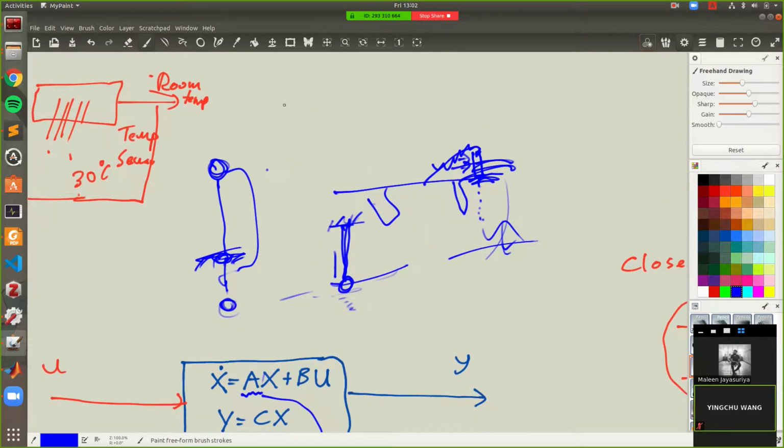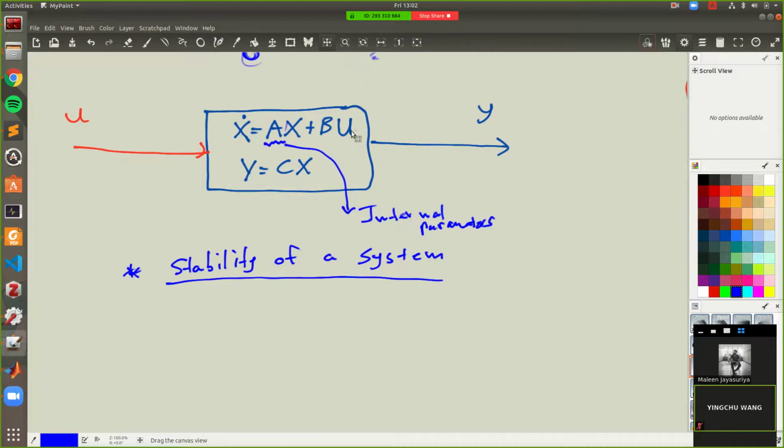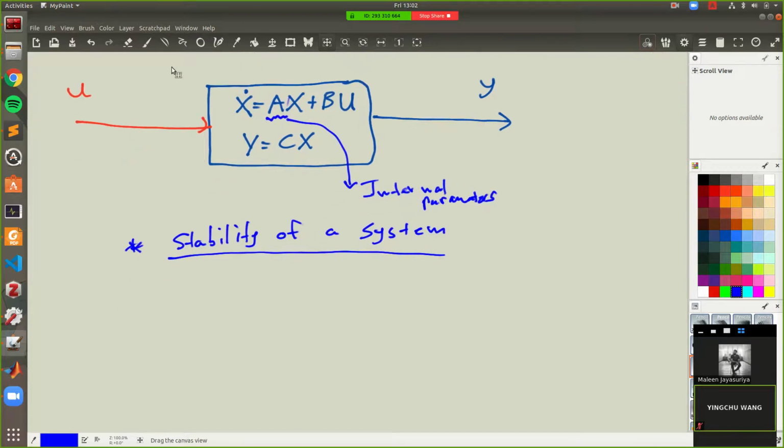If you give it a bit of a force, it will go out of control. So those are uncontrollable systems. How you really determine how this system performs is by looking at the internal parameters of the system, whether it's going to be stable, for example in a pendulum.